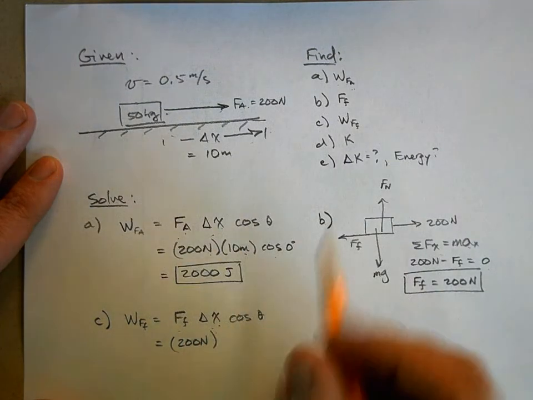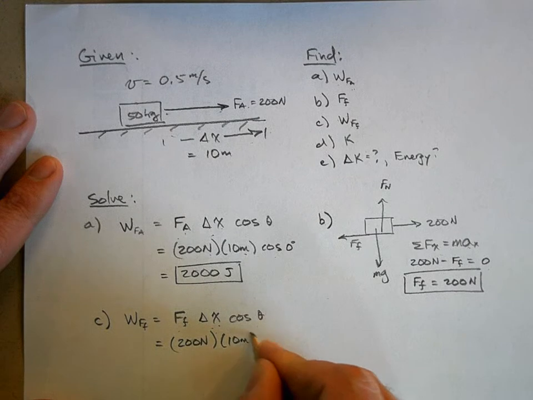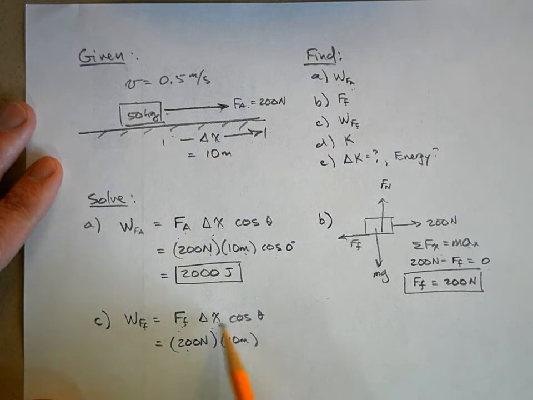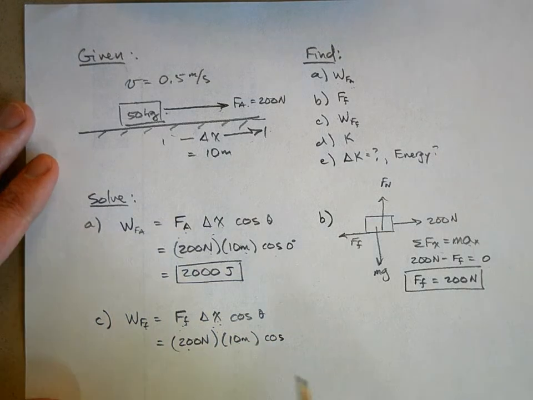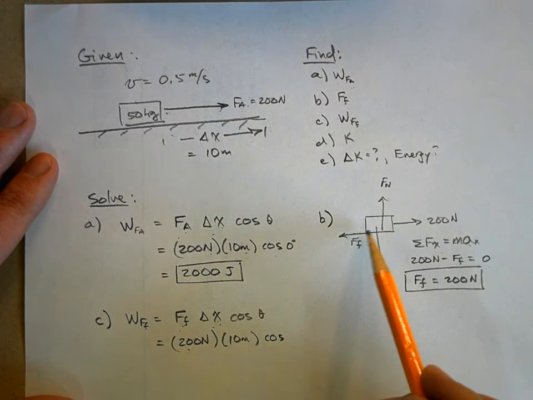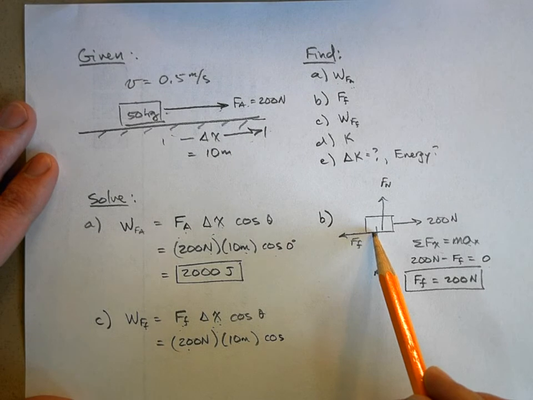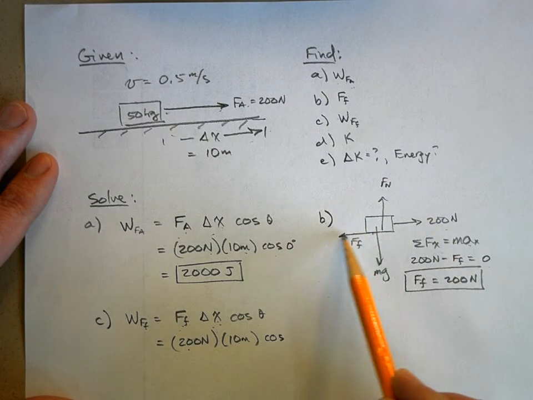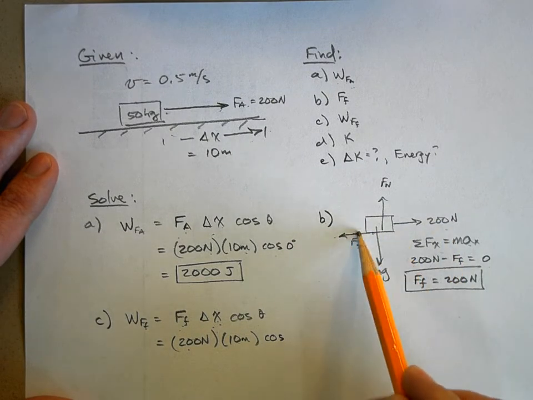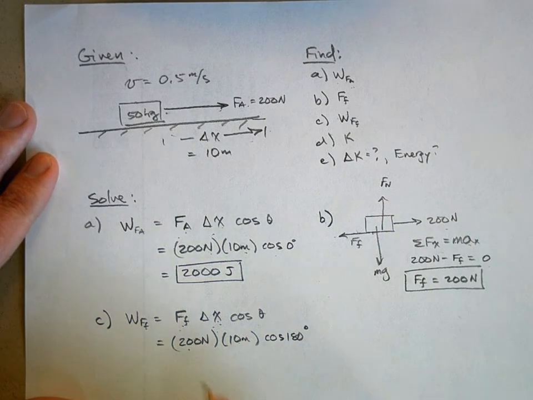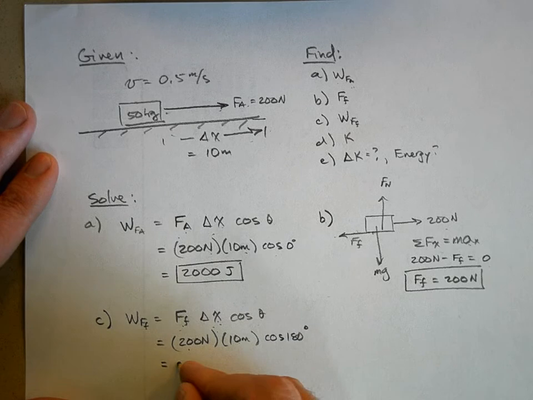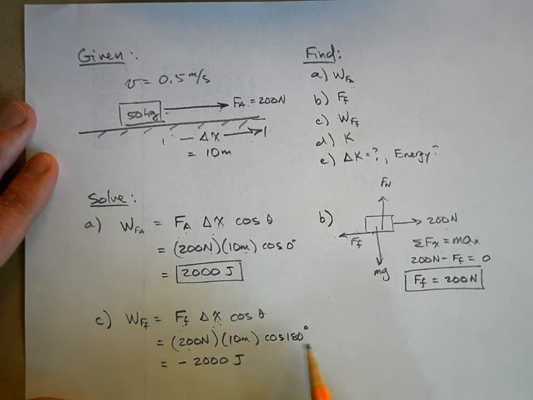If I look at the displacement, it's still 10 meters. These are the magnitude of the force of friction and the magnitude of the displacement. But what's the angle between them? It's 180 degrees, right? Because the displacement is to the right, but the force is to the left, so it's 180 degrees. Which means that it's negative 2,000 joules, because the cosine of 180 is negative 1. So it just makes this negative.